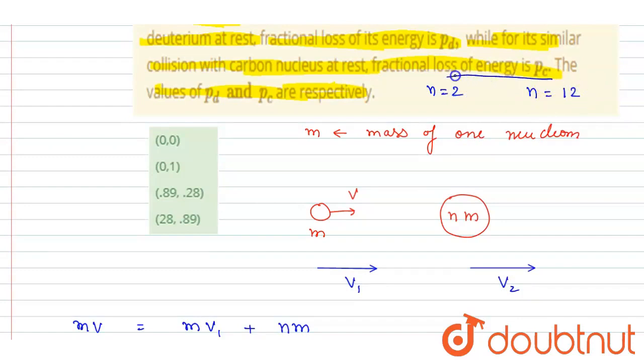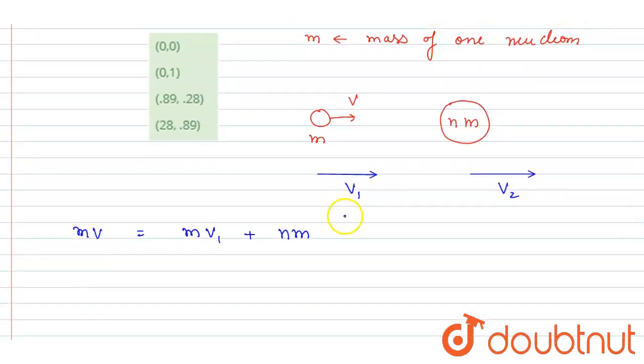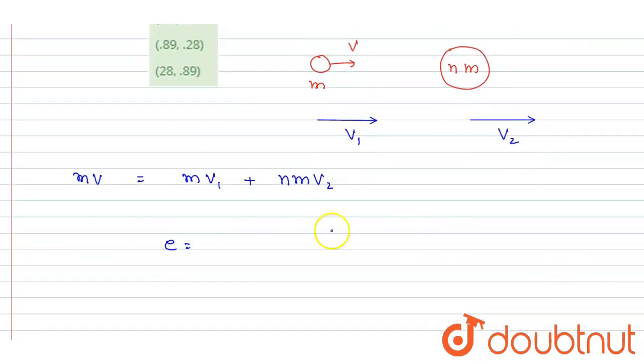So that's why we are calculating this in terms of number of nucleons, right? And if I write down the velocity of separation equal to velocity of approach, v2 minus v1 by v will be equal to 1.